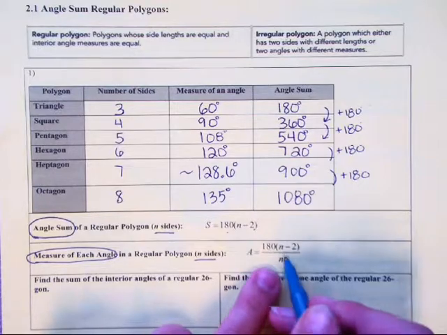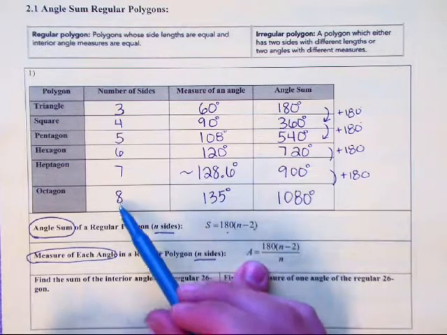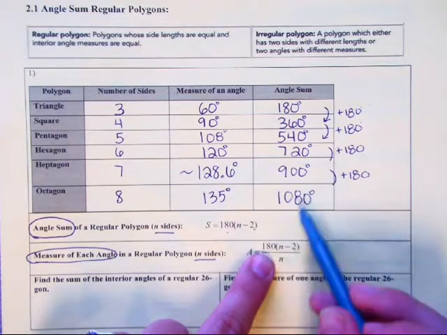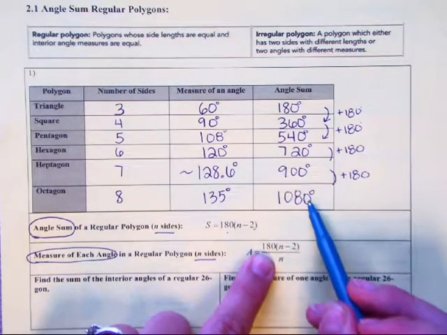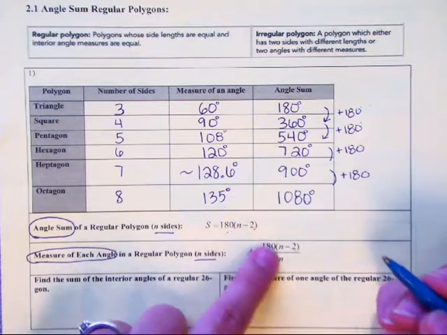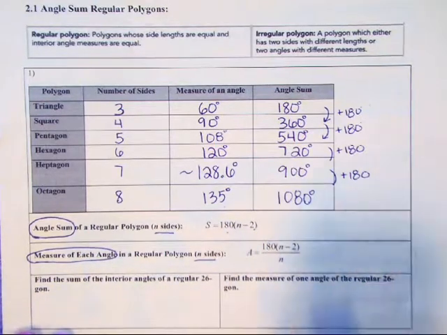So if I think back to the one where I put the 8 in there, 8 minus 2 was 6 times 180 gave me 1,080, and then if I divide that by 8, that's going to give me my individual angle right there.